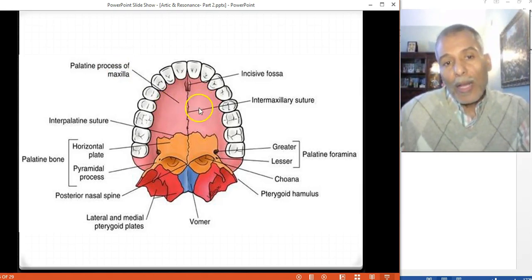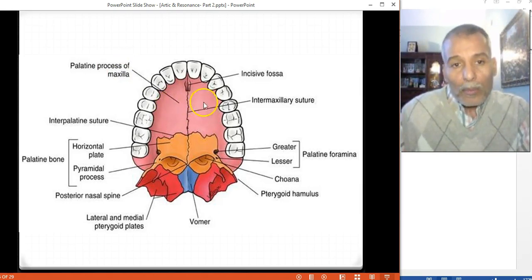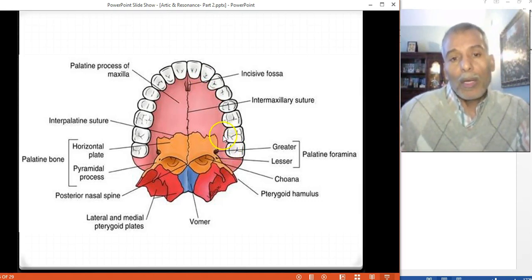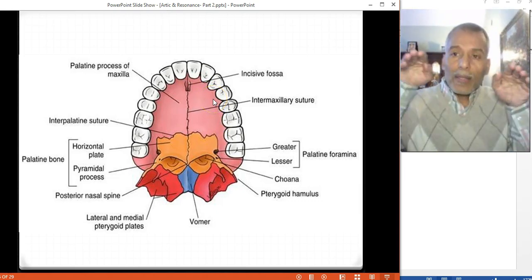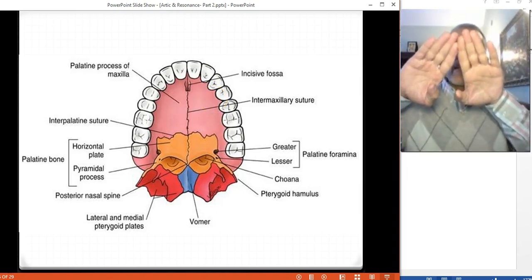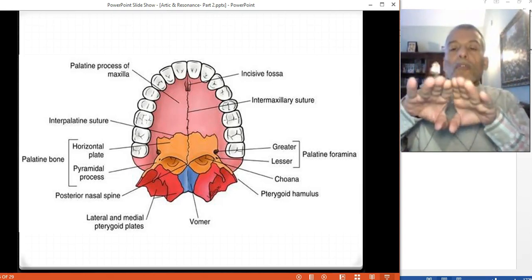On the other side, there's another process, and these two grow like little shelves of the maxillary process on either side, and then they grow and grow towards the middle, and they meet, and then they start to fuse from front to back.